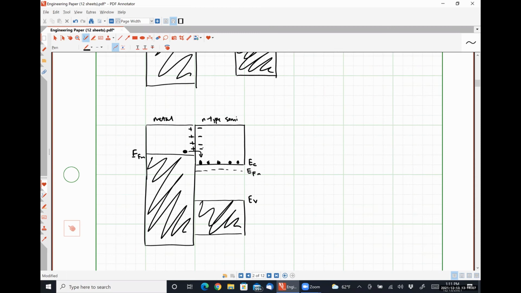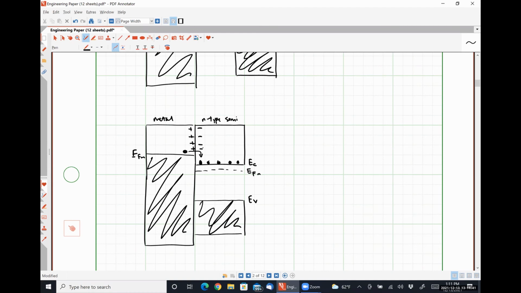Instead of extracting electrons from our dopants and moving them over to the metal side, occupying all those empty energy states, and getting a depletion region devoid of charge carriers, we are now moving electrons from the metal, and they're pooling and forming an excess carrier concentration in the semiconductor, giving us an accumulation region. So we have a region of space where there are more charge carriers than we would expect.